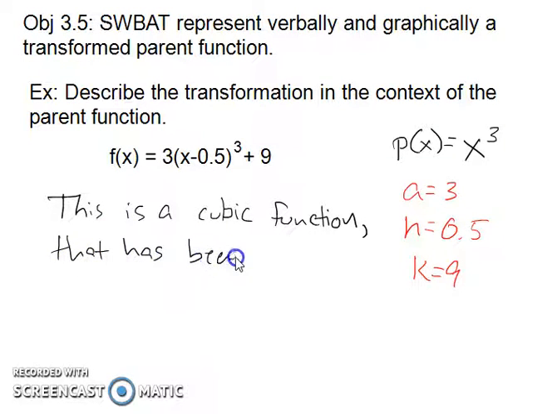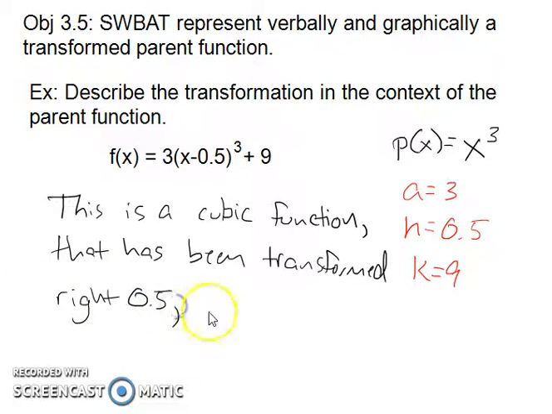I'm going to say that it has been transformed. I usually write h and k first, but it doesn't matter. So the h being 0.5 means that it's right 0.5. You can check your graphic organizer. So right 0.5. The k being positive 9 means that it's gone up 9.